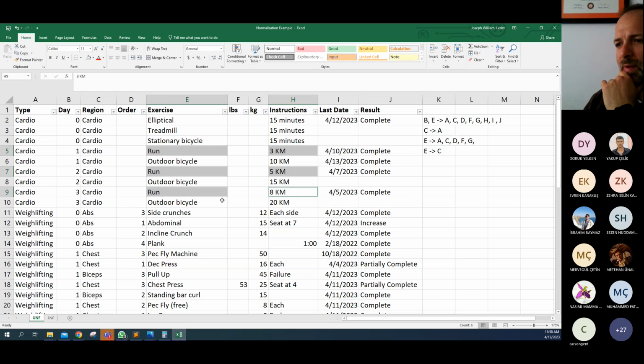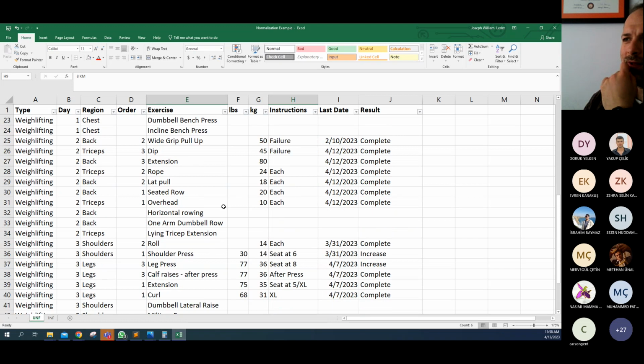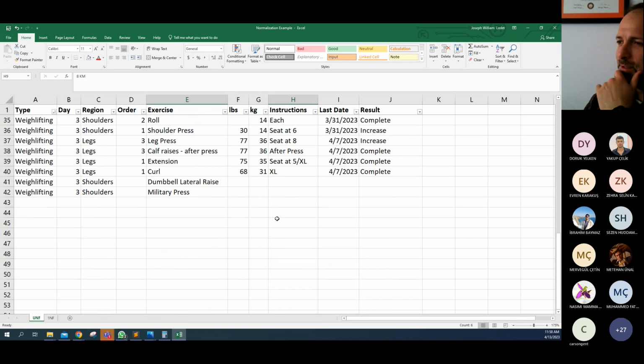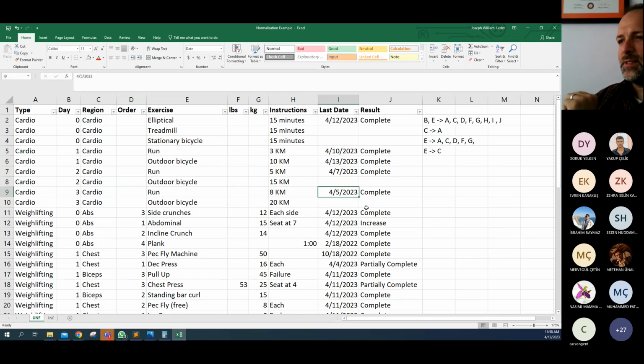So I think I got a lot of exercises already here. I may not add any more for myself to do, because basically, let's say run 8 kilometers, did that on the 5th. Let's say I do it today. Again, all that's going to happen is this will get changed to today's date.